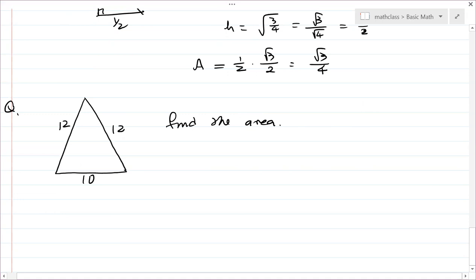Can you find the height? In geometry, right? How do you find it? Draw the line and just apply the Pythagorean theorem to find the height.